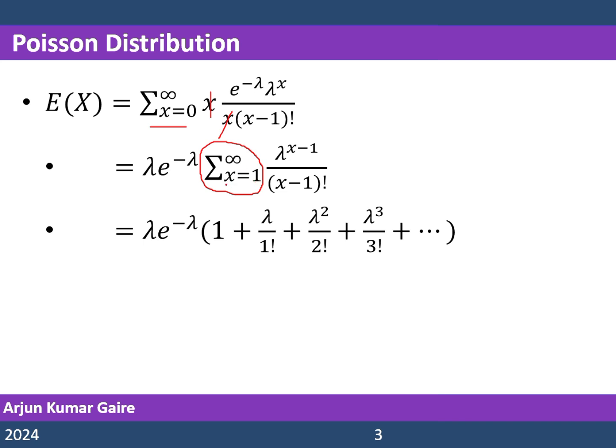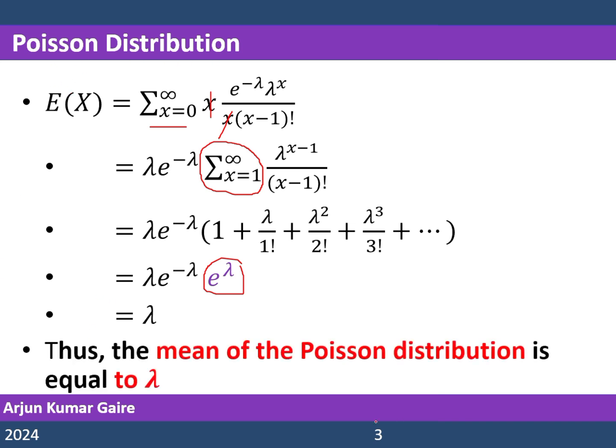So our summation ranges from x equal to 1 to infinity, and this expression is the expansion of e to the power lambda, which is a series. So e to the power minus lambda and e to the power plus lambda cancel out and leave lambda. Therefore the mean, or the mathematical expectation, of this Poisson distribution is equal to lambda.